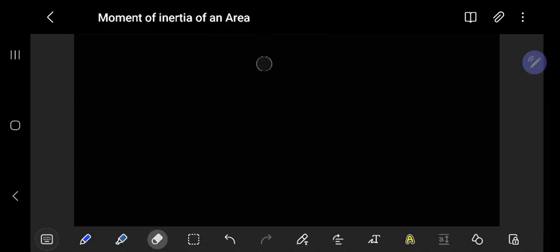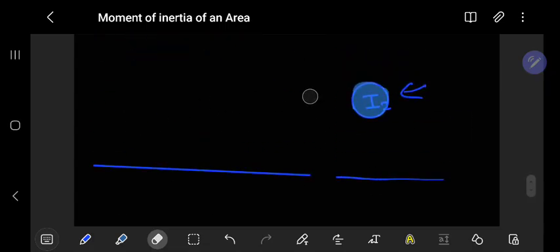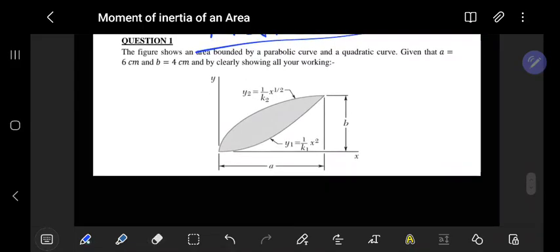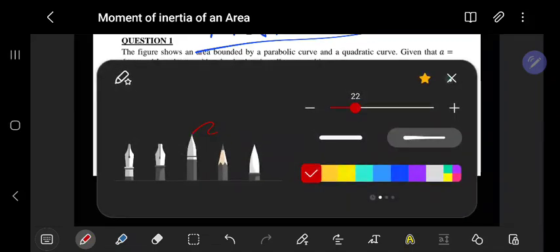Well, in this case, what we have are not two circles, but instead we have two curves. So let's see. What we'll start by doing is we'll get the moment of inertia of the upper boundary, the upper curve. So we'll get the moment of inertia of this area here. So this will be everything. So how do we get the moment of inertia of that structure?